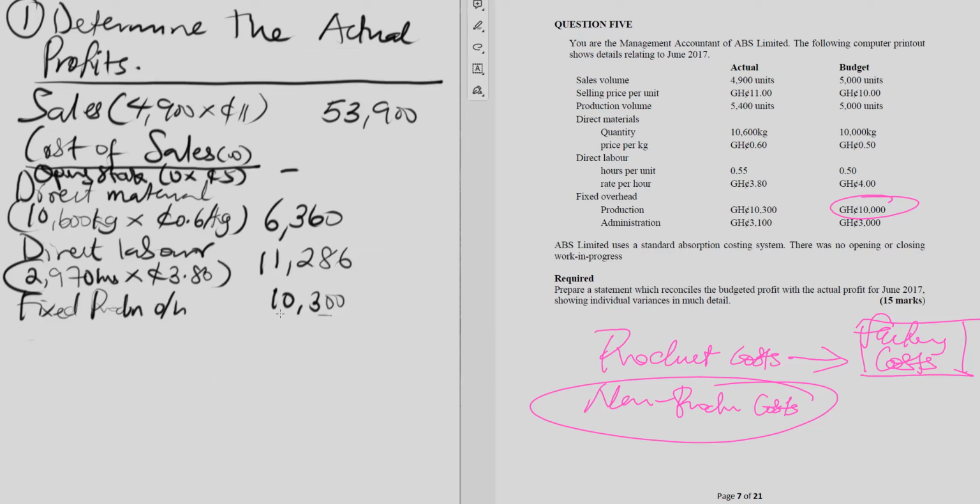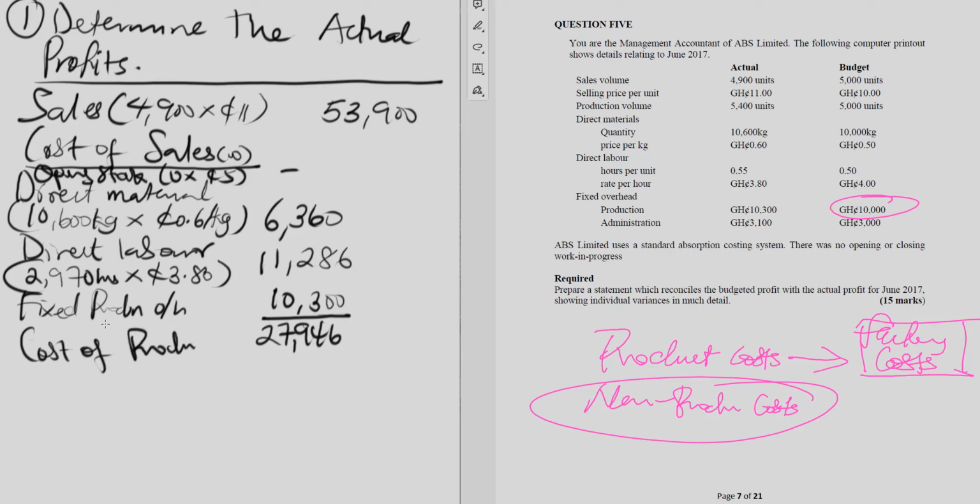Once we are able to get this, the sum of all this is the cost of production, right? So the 6,360 plus our 11,286 plus our 10,300 is going to give us 27,946. This 27,946 is the cost of production, how much it costs to actually produce during the period.